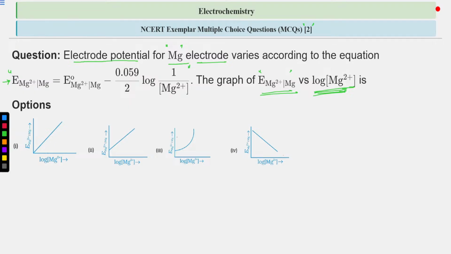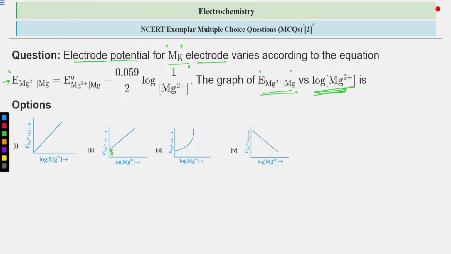The first graph is a straight line starting from x equals 0. In the second option, we have a similar kind of straight line graph, but there is an intercept on the y-axis, as you can see.